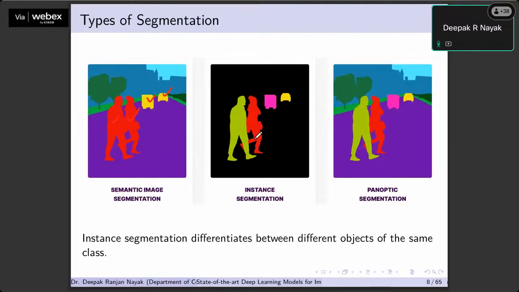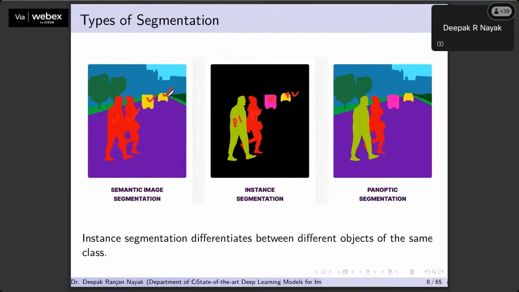But in instance segmentation, we don't care about others. We only care about the objects which are very important to us, and we try to differentiate between objects of the same class. Here it is person 1, person 2, vehicle 1, vehicle 2.